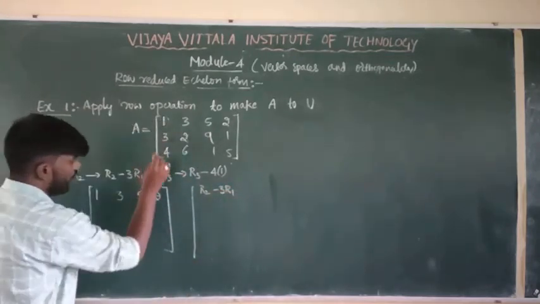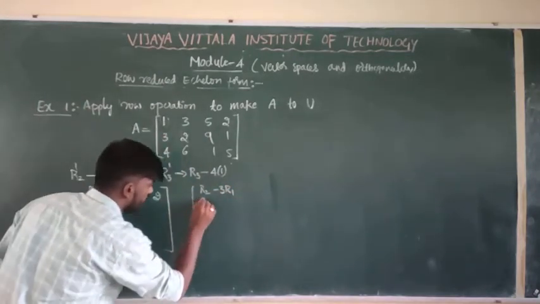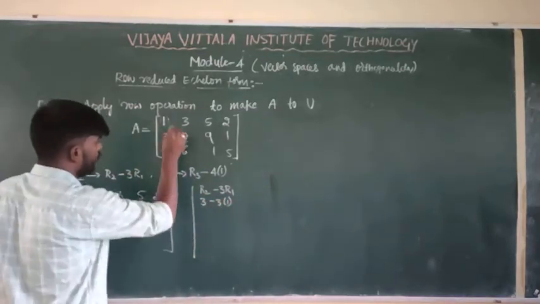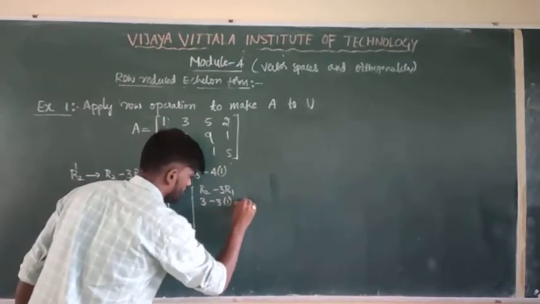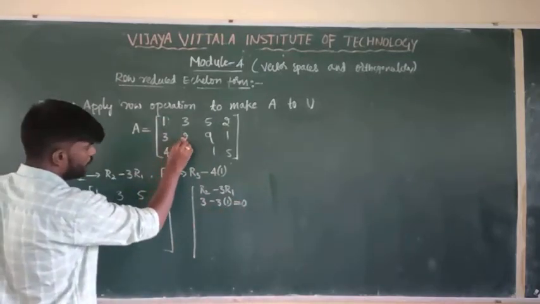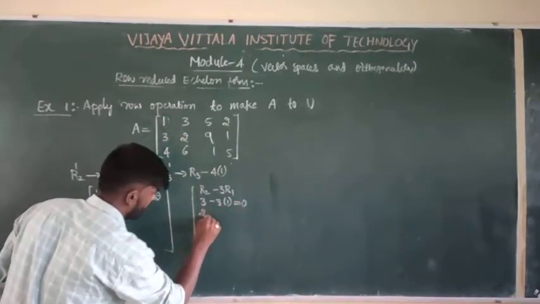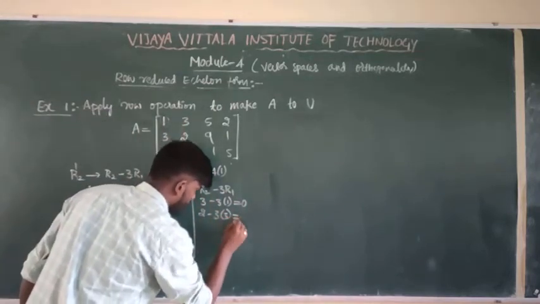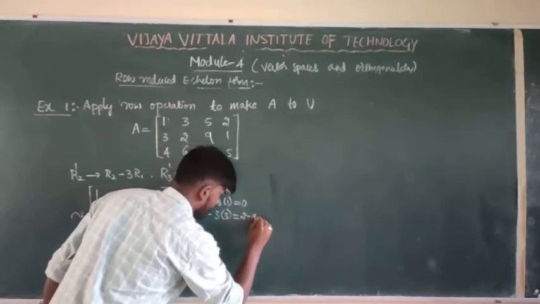Here R2 is 3 minus 3 into 1, which equals 0. In the second element, 2 minus 3 into 3, it becomes 2 minus 9, which is equal to minus 7.